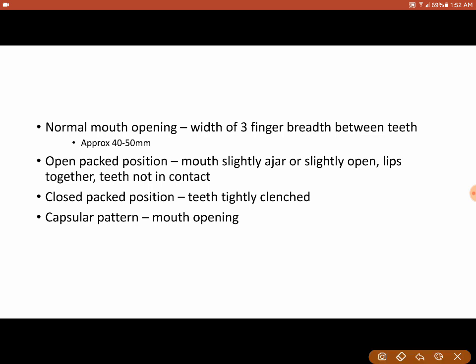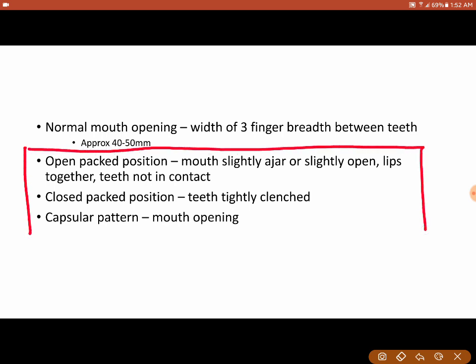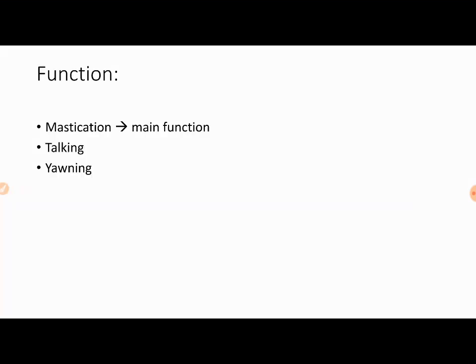So these are the open pack position, the closed pack position, and the capsular pattern of the TMJ. So the general function of the TMJ is mastication or chewing, talking, and yawning.